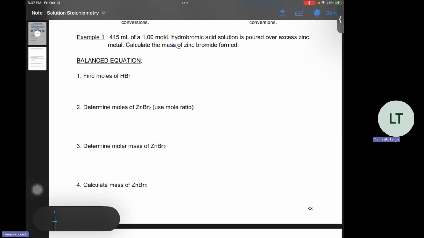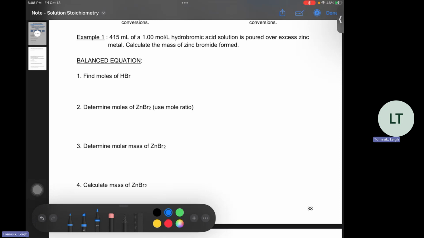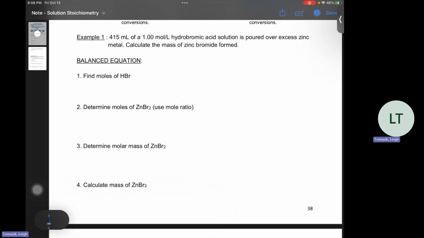Let's take a look at a question. It says 415 milliliters of a 1.0 mole per liter hydrobromic acid solution is poured over excess zinc metal. Calculate the mass of zinc bromide formed.